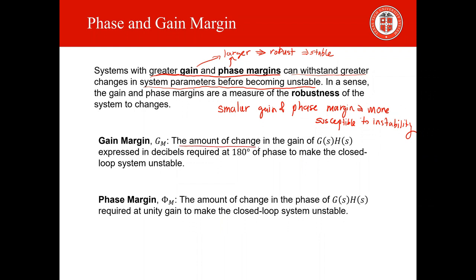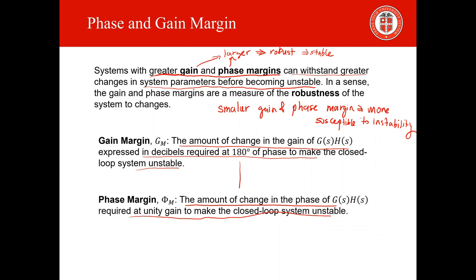Okay, so what is it exactly? It's the amount of change in the gain, expressed in decibels, required at 180-degree phase to make the closed loop system unstable. We'll go over this in a second, but this is the amount of change in the phase required at unity gain to make the closed loop system unstable. So what is this really trying to get at here? Okay, so we saw this for the Bode plot.